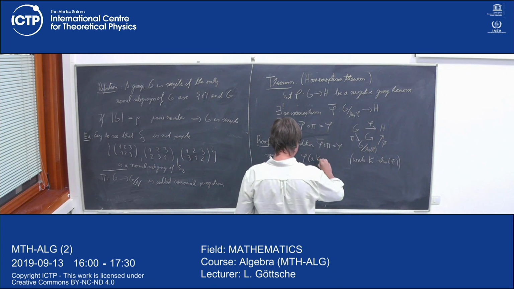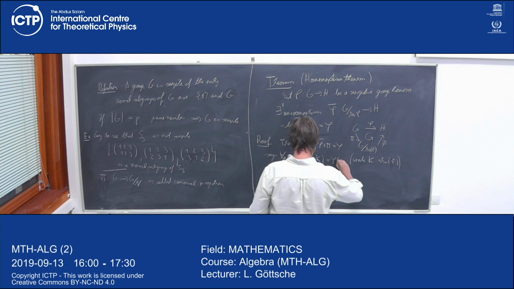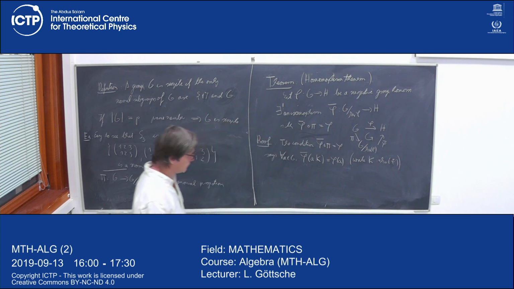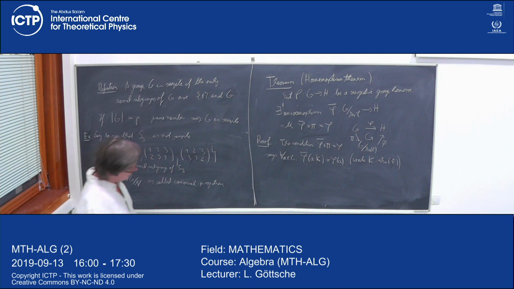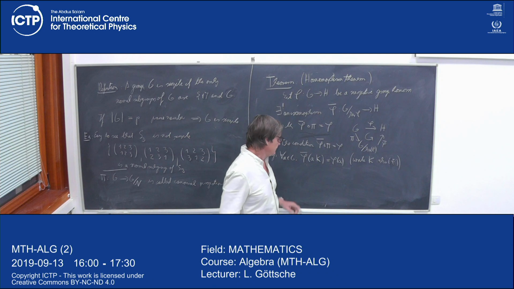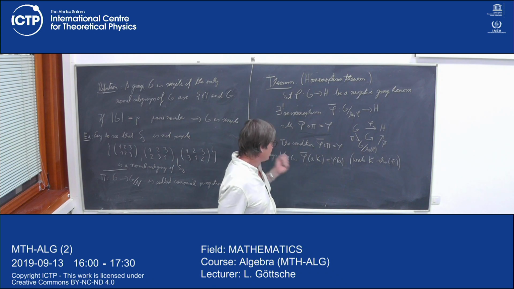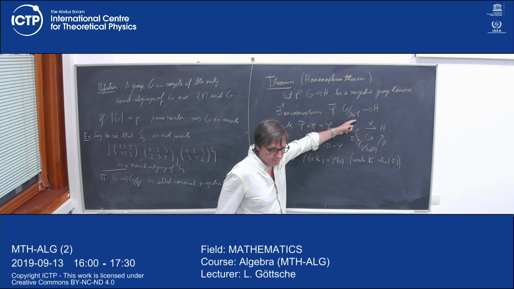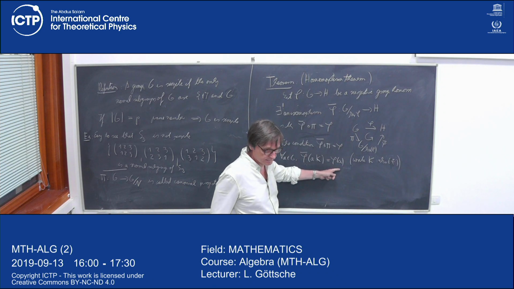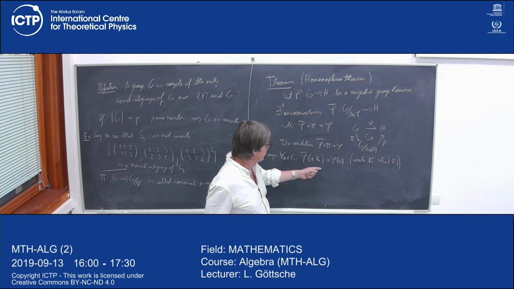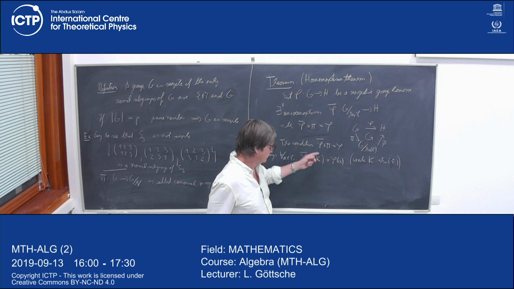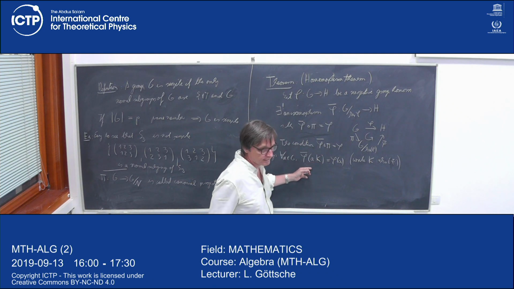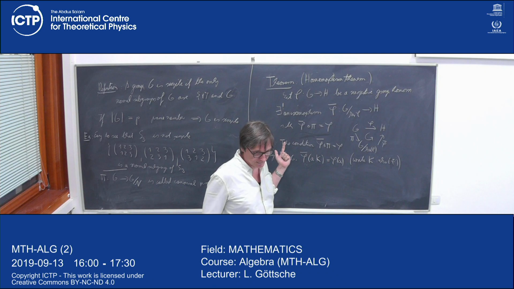So phi bar of A times K should be phi of A. Now, you see, I have prescribed for every element in G mod the kernel what the image is. So this condition will uniquely determine this map phi bar. The only question is whether it's well defined.